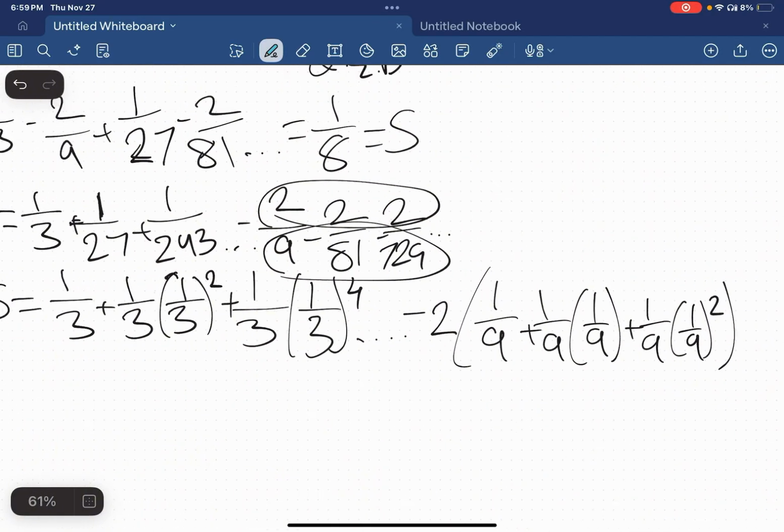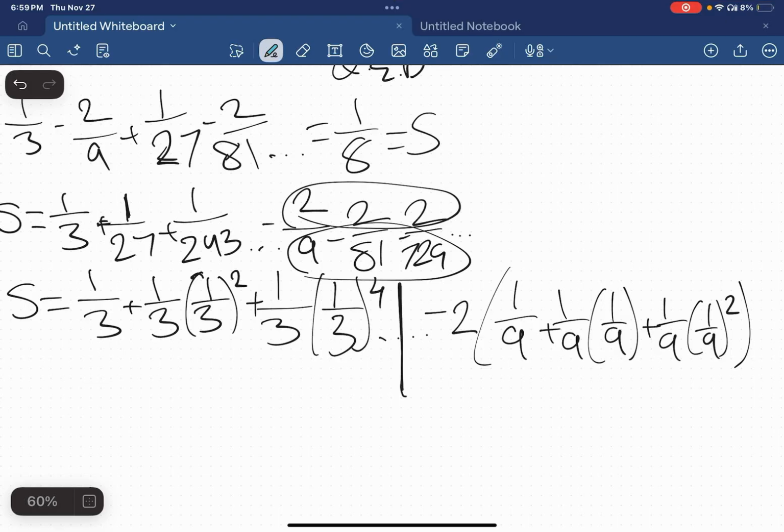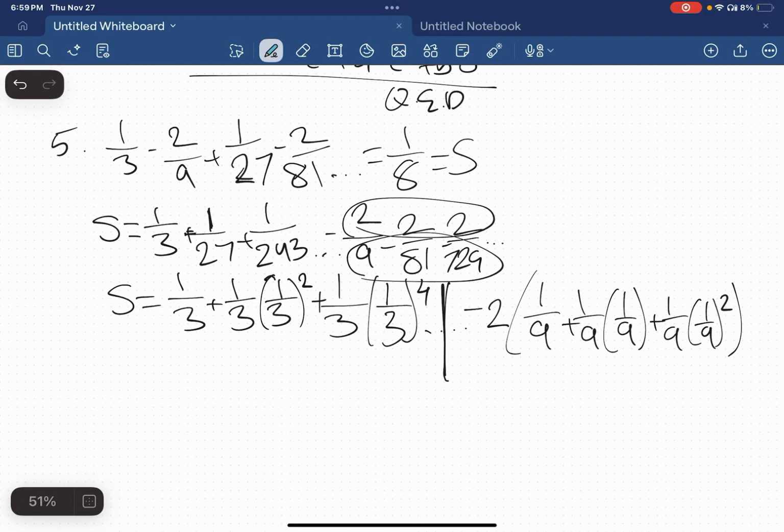And what we end up getting here are two different infinite geometric series. And both of these series converge because we're told that right here they're going to end up equaling 1/8. And they both have a common ratio. So let's just end up splitting these apart.